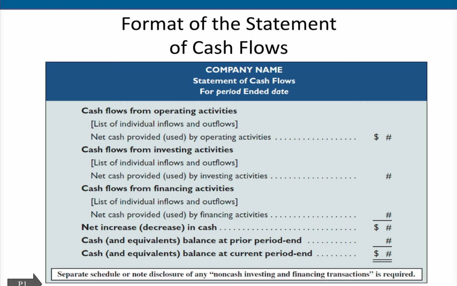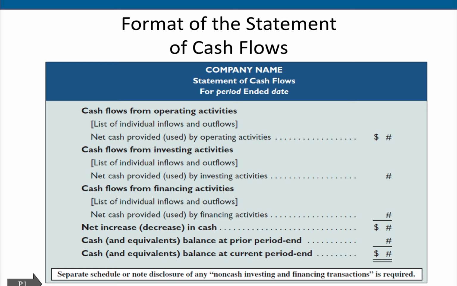That should make sense. And then just a list of the individual inflows and outflows associated with each of those activities. So it's essentially just a list format of all these transactions involving cash, or at least the net effect of each of these types of transactions. And then these bottom two categories, that's basically saying everything above this plus this balance at the prior period end should give us the balance at the current period end.